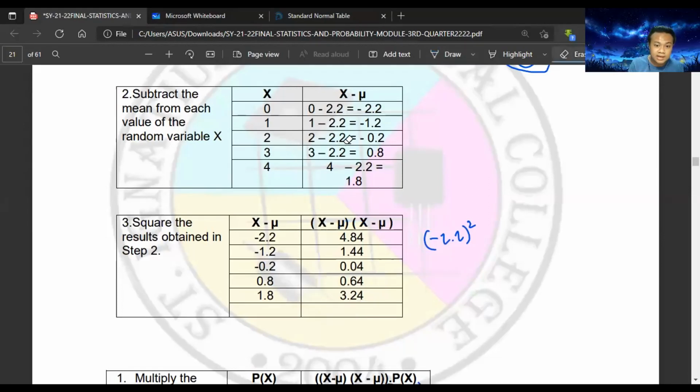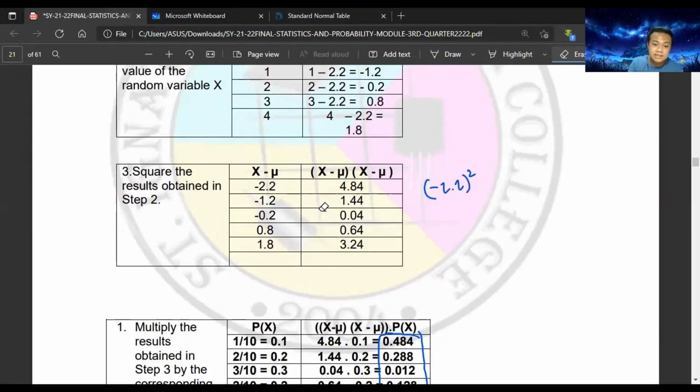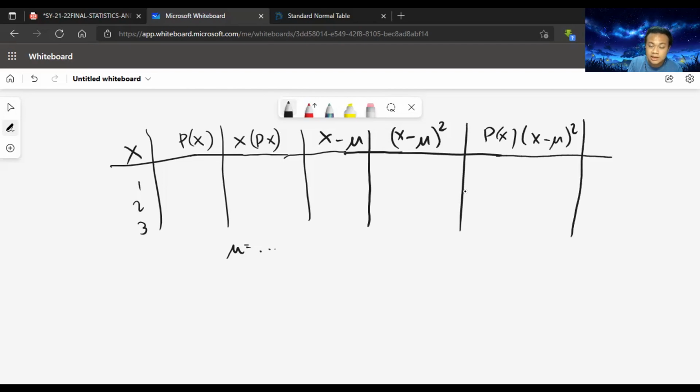There's a reason for this, it's the next step. And then lastly, you have to multiply P(x) and (x minus mu) squared. The sum of that is the variance.